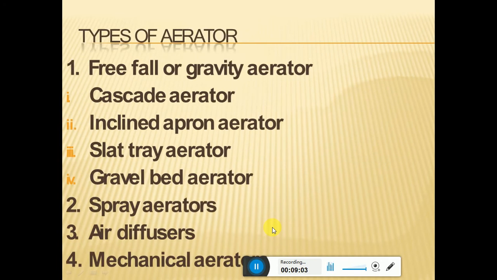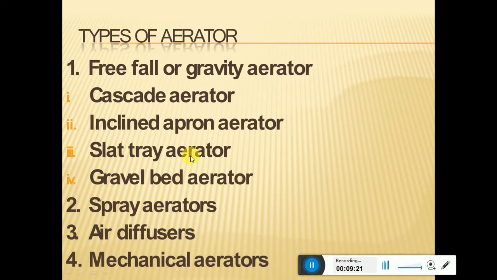So what are the different types of aerators which are used in the process of aeration? We have broadly two types: free flow or gravity type aerators, and then the spray aerators. These are the natural type of aerators wherein we allow the free fall of water, with some changes in the process so that the water droplets shear off and get mixed with the air properly.